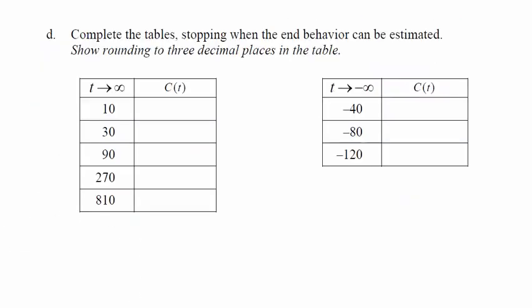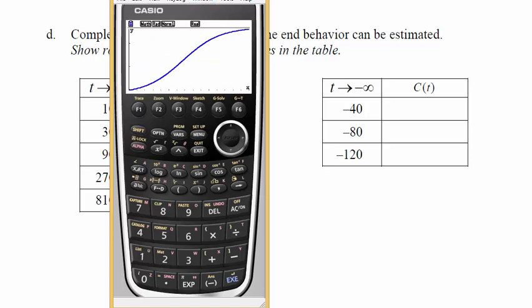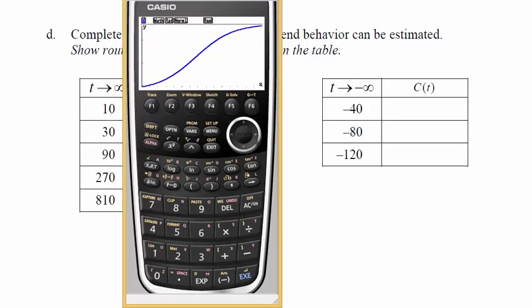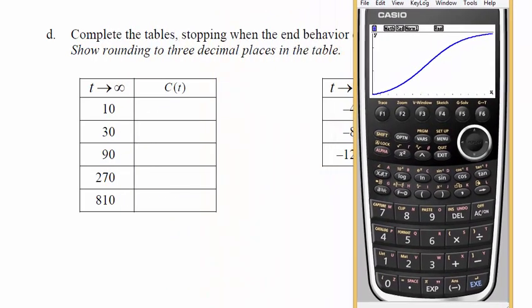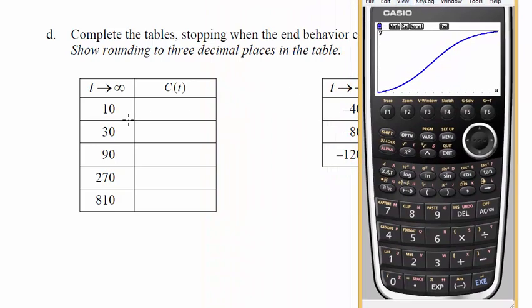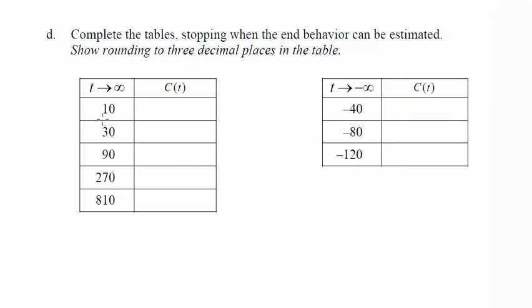So we're going to use a numerical approach to figure this out. So I've got my function in the calculator, and what I want to do is give it larger and larger input values and try to determine whether the output values are going up, leveling off, or going down.